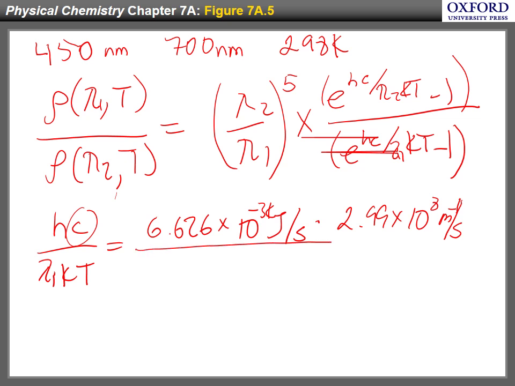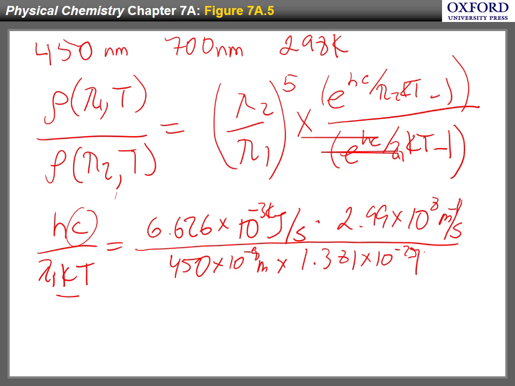And we divide all of this by our 450 times 10 to the minus 9 meters, a nanometer, and we multiply it by k, which is 1.381 times 10 to the minus 23 joules per Kelvin, and we'll multiply that by our T, which is 298 Kelvin.